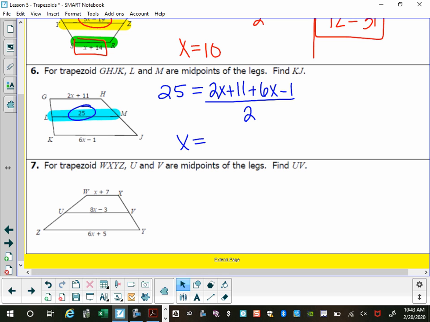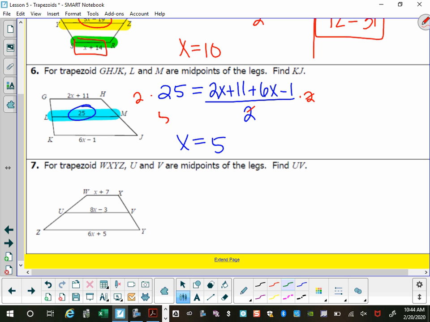What'd you get? So then find KJ. All right, did everyone get 5? If you wanted to solve this by hand, guys, you will multiply both sides by the denominator, and then that will cancel out.